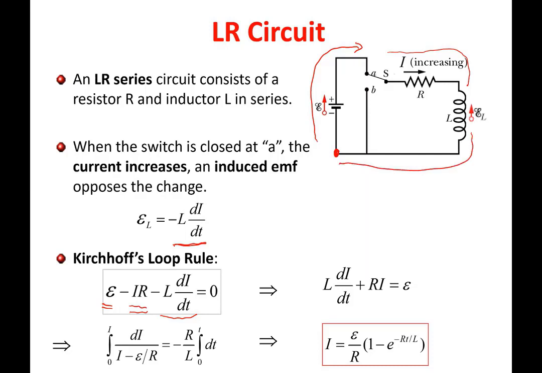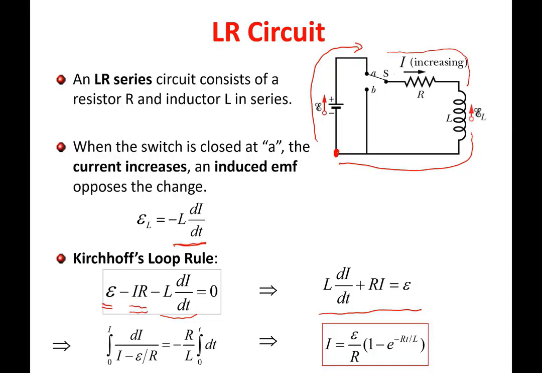And so this is just an application of Kirchhoff's loop rule, but now we've introduced a new circuit element, which is that of the inductor. And this equation can be rearranged to write it as it is on the right. And then this is a first-order differential equation that can be solved using the method that we did for the RC circuit.